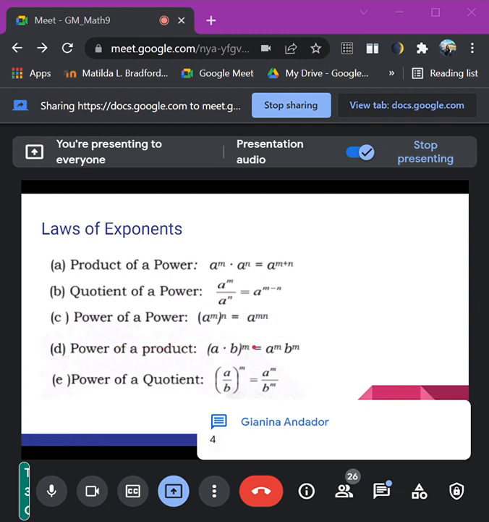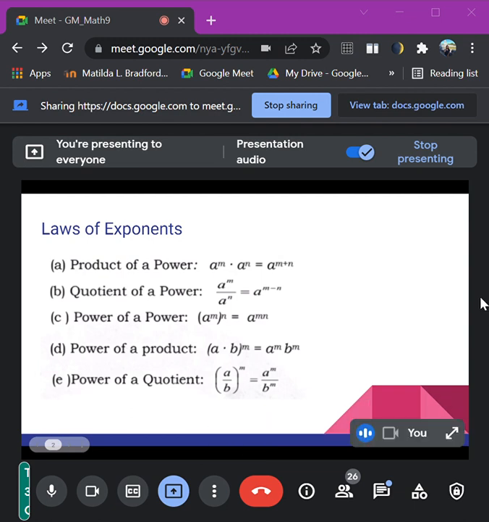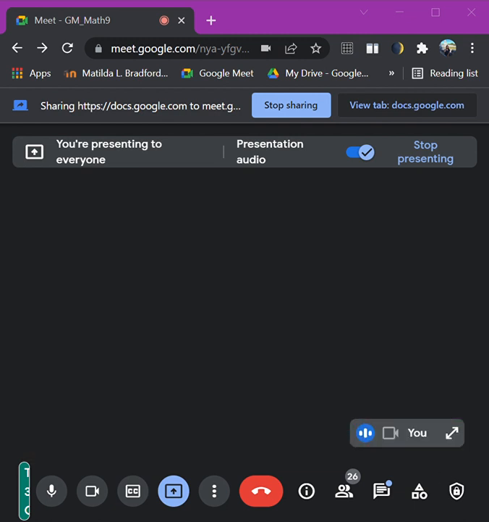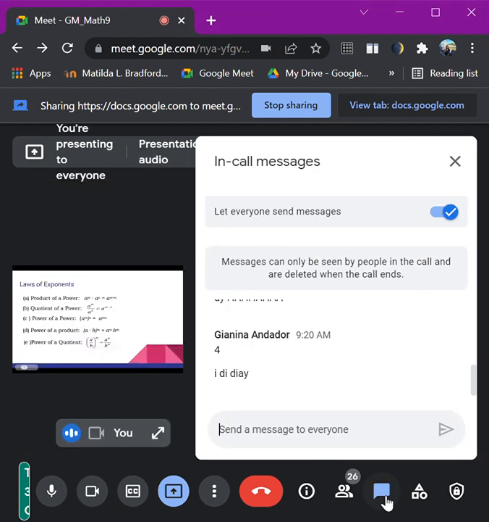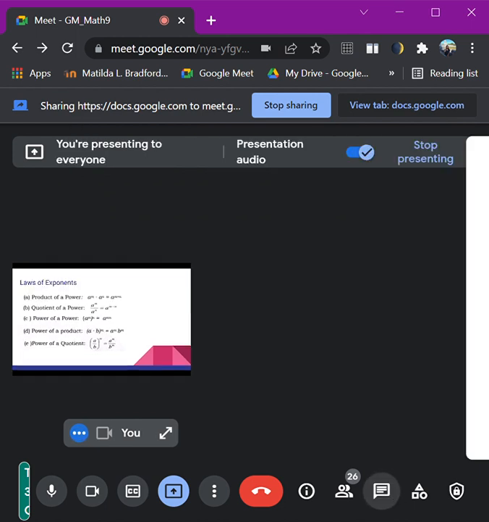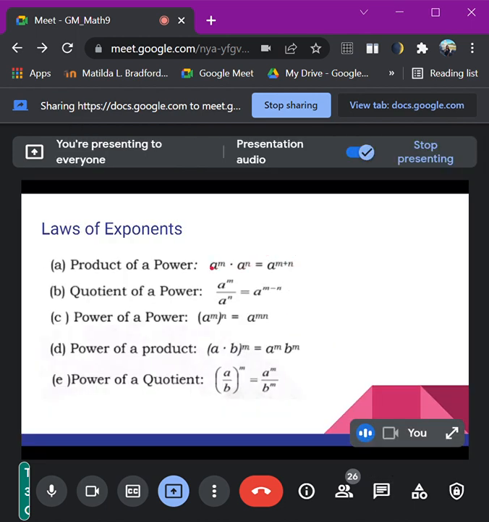2 raised to 8 times 2 raised to 2. What is that? You can see it there. We have a raised to m times a raised to n is equal to a raised to m plus n.